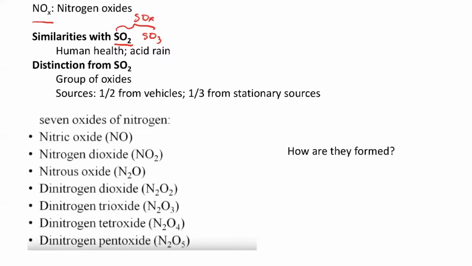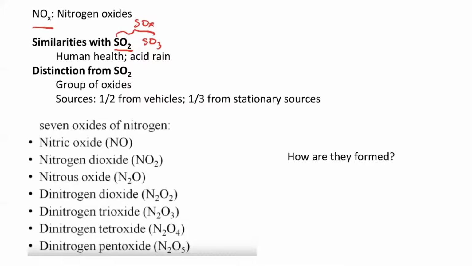The similarity with SOx is that both of them are regulated as criteria air pollutants, right? They damage human health, and they can also damage property by forming acid rain. I mentioned that the acid rain involving the SOx is sulfuric acid, and the acid involving the nitrogen oxides is nitric acid.